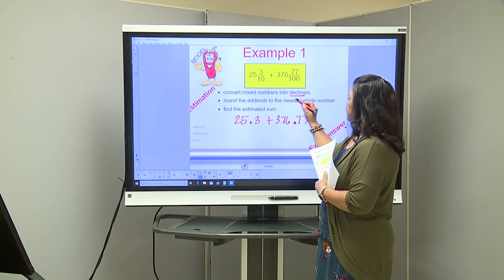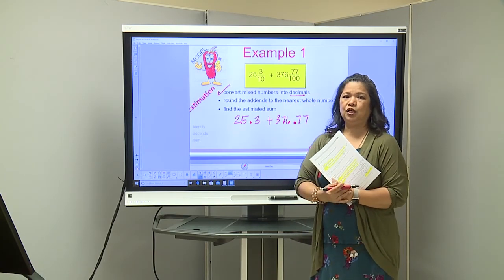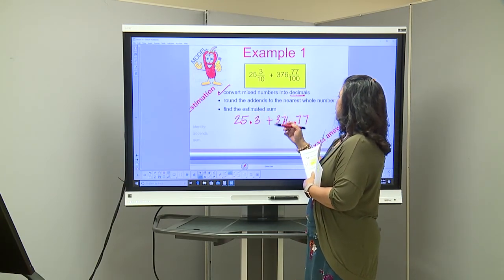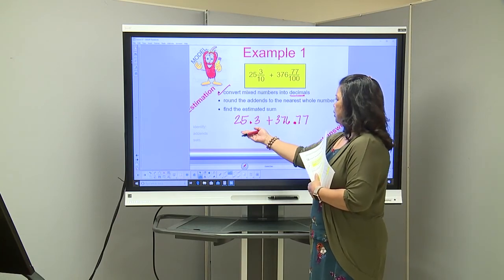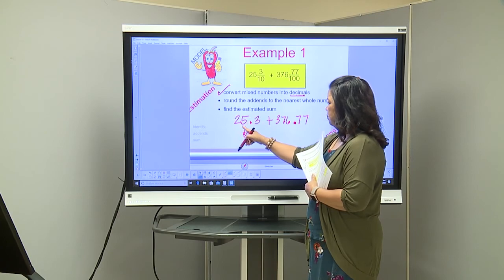So, we converted the mixed numbers into decimals. Next, round the addends to the nearest whole number. Here are our addends. Round them to the nearest whole number.